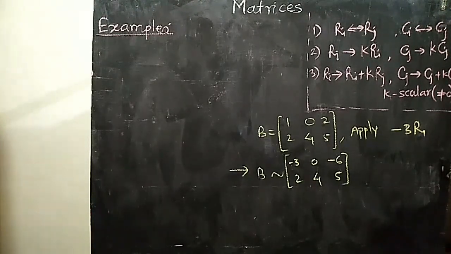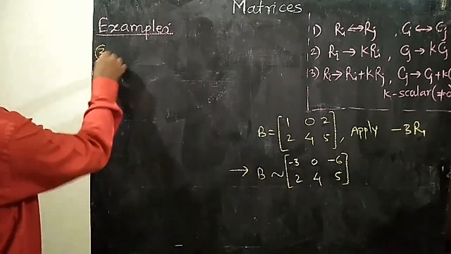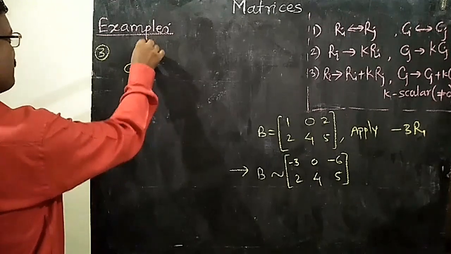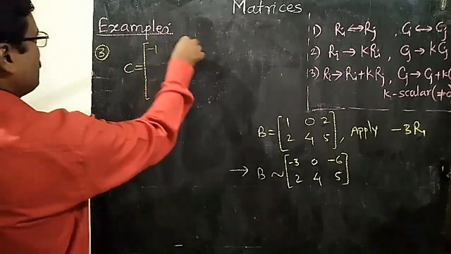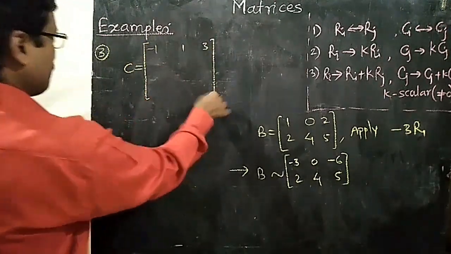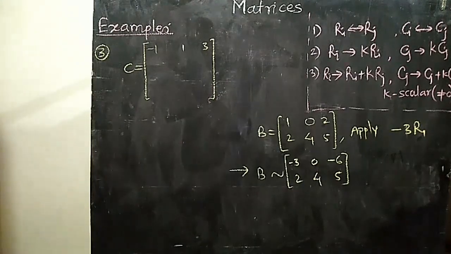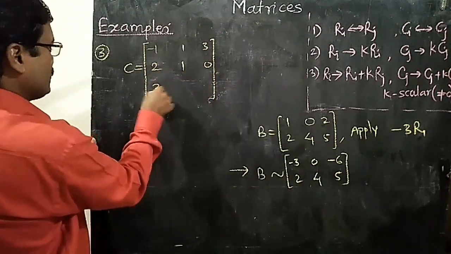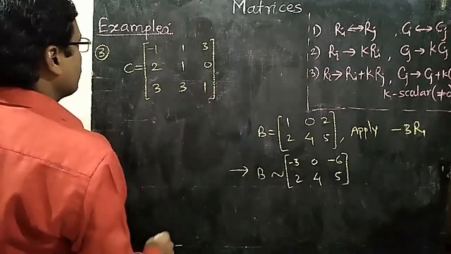Let us see the next example. Example number 3. Matrix C is given. First row minus 1 1 3. Second row 2 1 0. Third row 3 3 1.